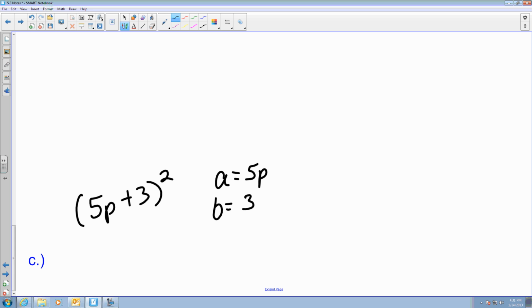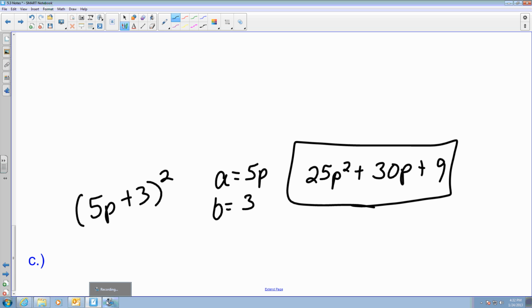So that means that it would be a squared, so that would be 25p squared plus, so it's 2ab, so 2 times a, which would give me 10p. 10p times 3 would give me 30p, and then plus b squared, which would be 3 squared, which is 9.